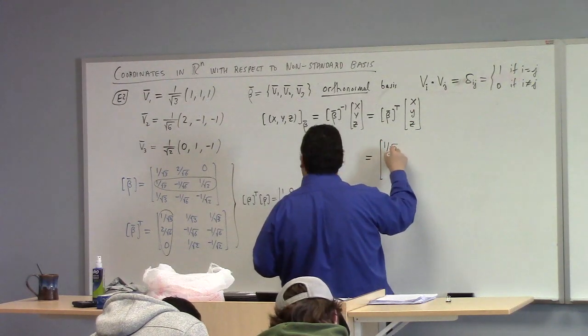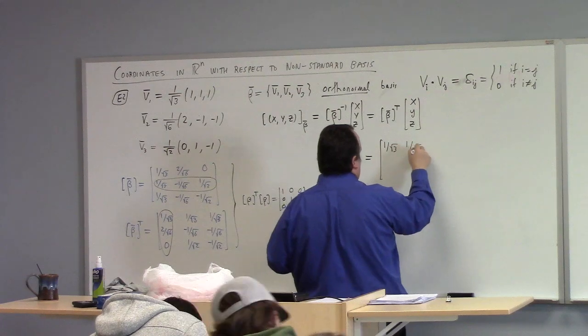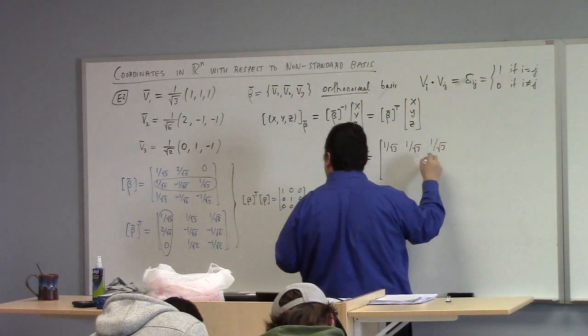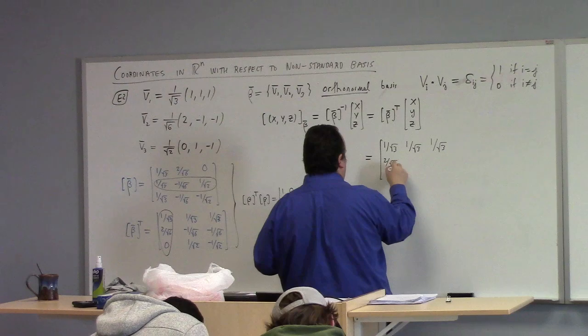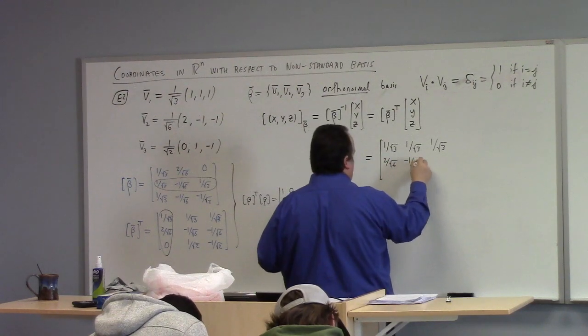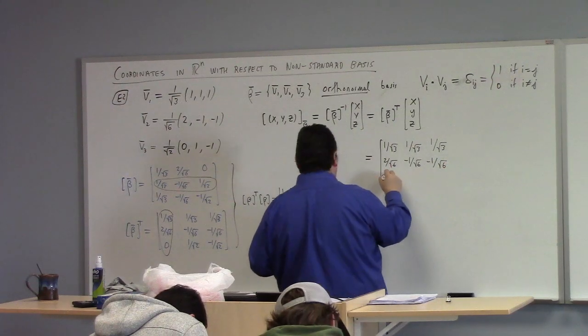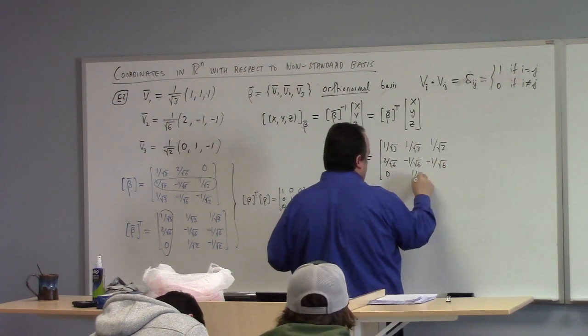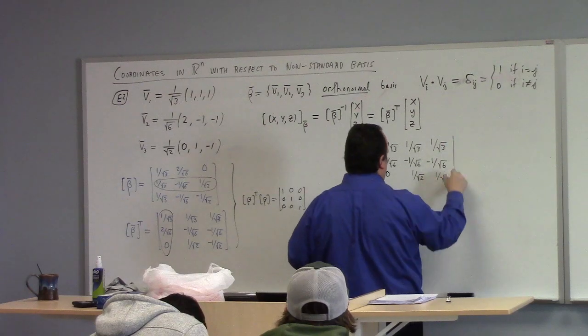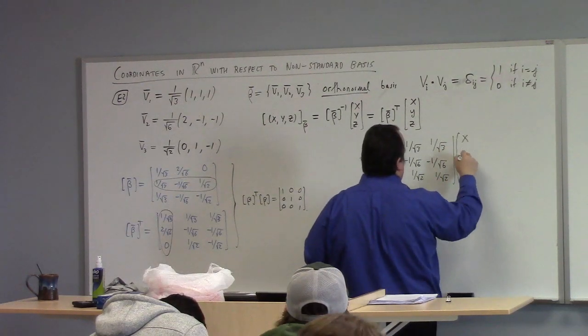So this is 1 over root 3, 1 over root 3, 1 over root 3, 2 over root 6, minus 1 over root 6, minus 1 over root 6, and 0, 1 over root 2, minus 1 over root 2, times x, y, z.